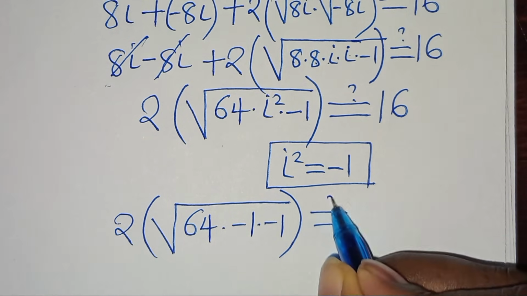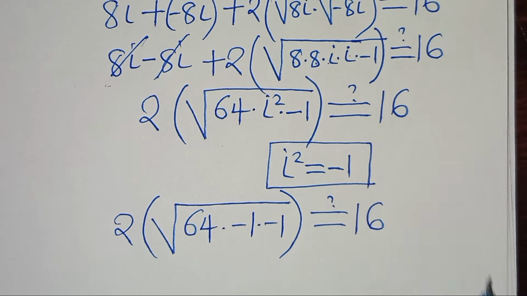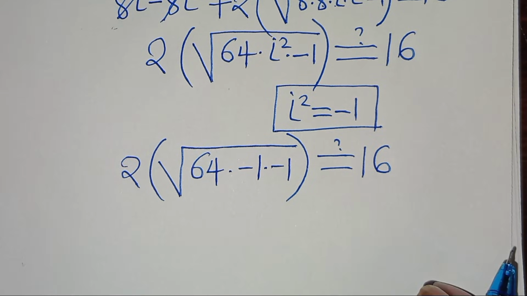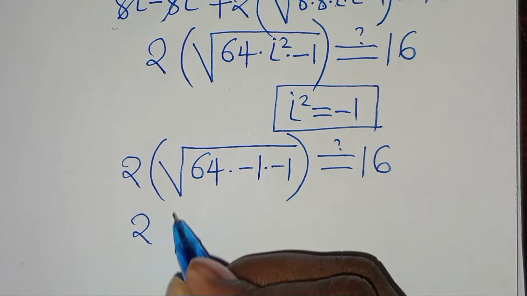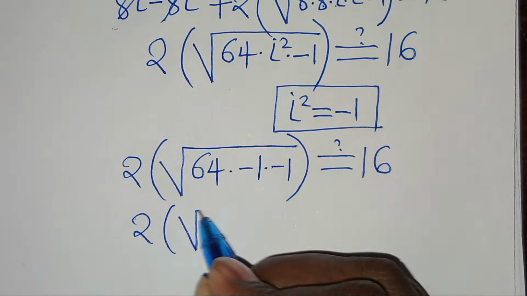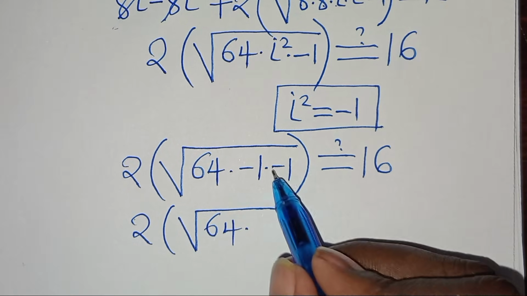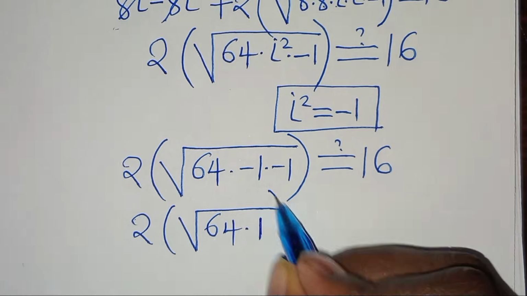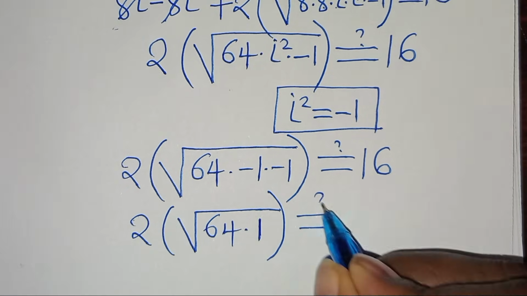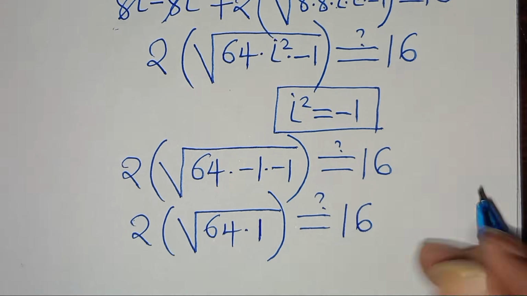This should give us a value of 16. So we have 2 into the parentheses. This is the square root of 64 multiplied by minus 1 times minus 1. This is 1. This is supposed to give us a value of 16.